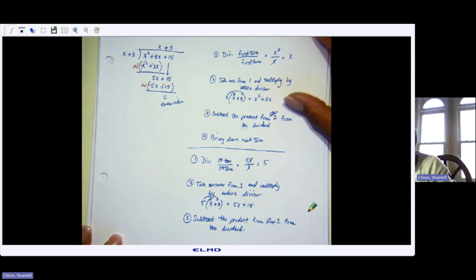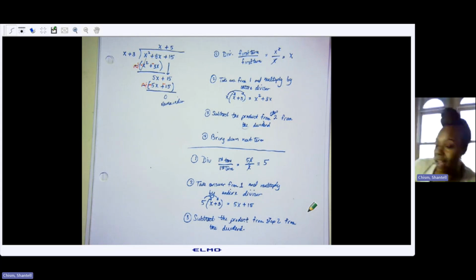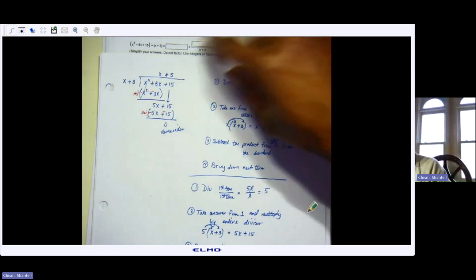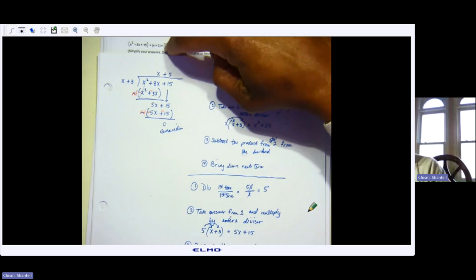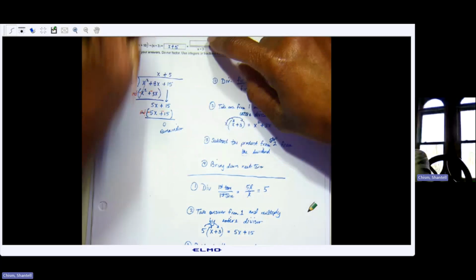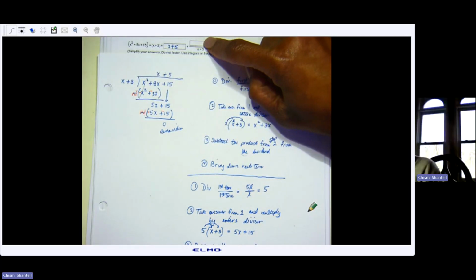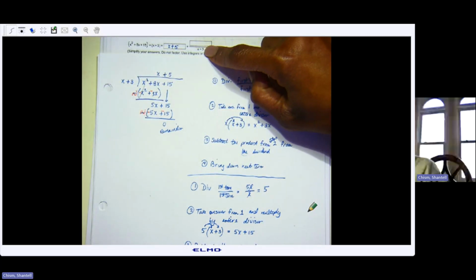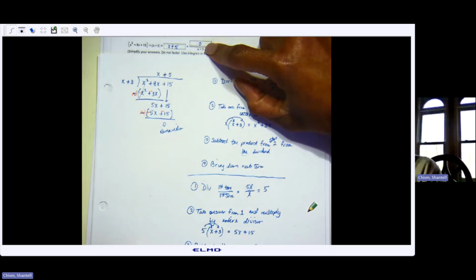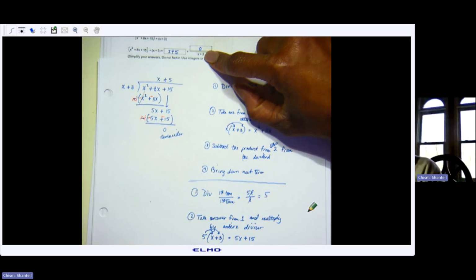So your answer, when you get ready to write that in or type that in, will be right here. This is where your answer, your quotient, will be: x plus 5. And we express the remainder as basically a fraction of the divisor. So in this case, we have no remainder, it's 0. So we would have 0 over x plus 3.